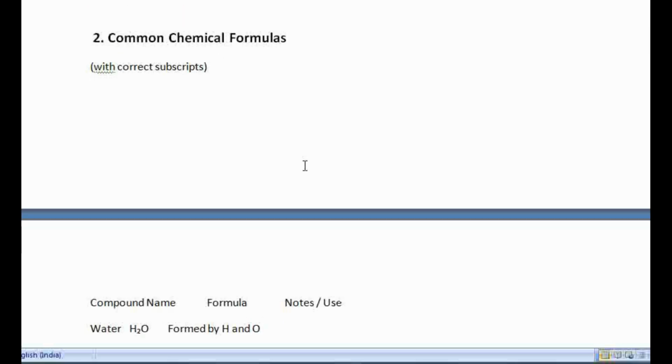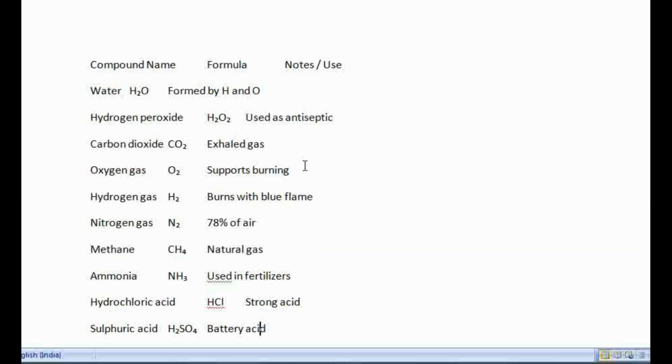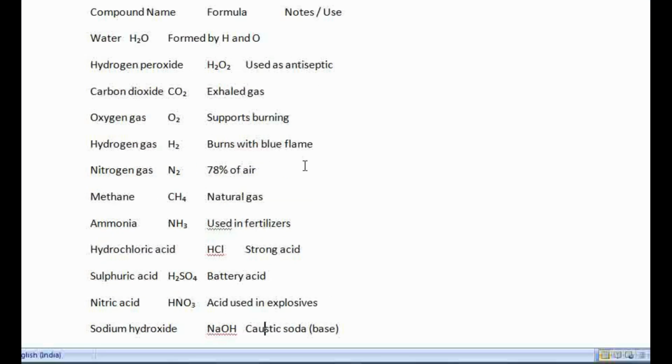And the second main concept is common chemical formulas with correct subscripts. Here you can observe compound name, formula and notes on uses. What is the formula for water? It is H2O. If they ask you in the exam what is H2O, you should say water.